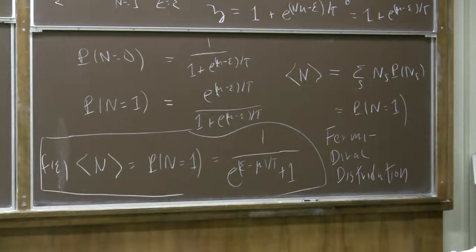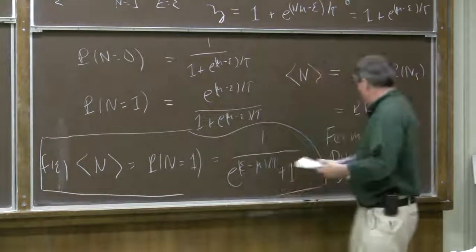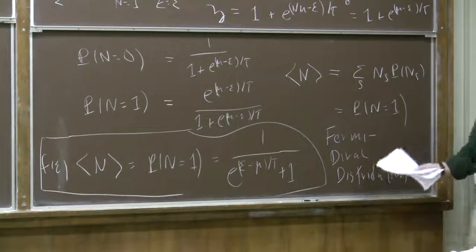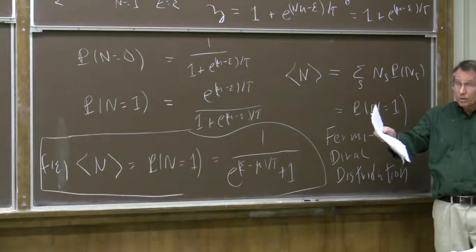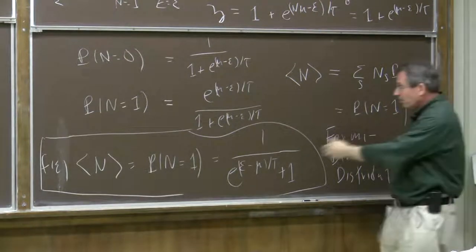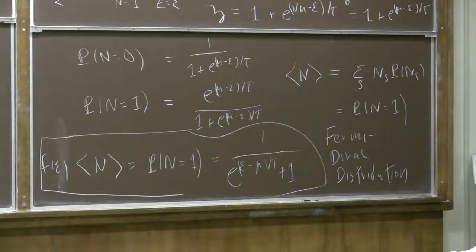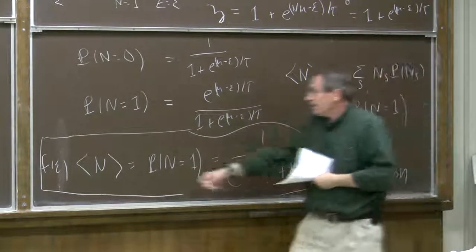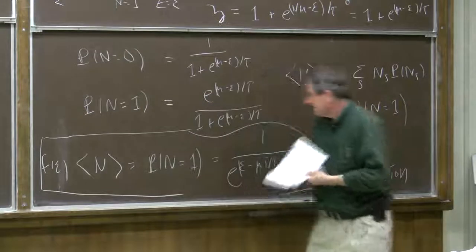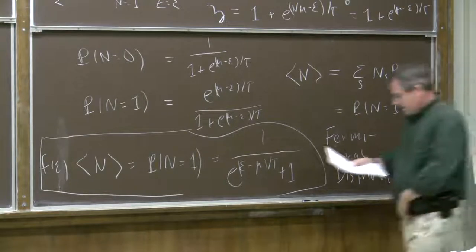Well, for the same reason we spoke of the Planck distribution, because we're going to be interested in the case where there are many orbitals, and this is going to tell us how the total particle number will be distributed among the orbitals. Right? The chemical potential is fixed. It's the same for all the orbitals. As the energy of the orbital varies, the occupation number, the mean number of particles in that orbital, is going to depend on its energy, as described by the Fermi-Dirac distribution.